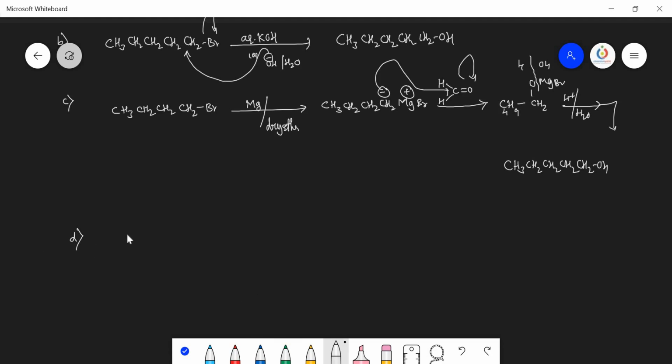Let us take CH3, CH2, CH2, Br, 1-bromopropane. Treat again with magnesium in the presence of dry ether, so that we shall get CH3, CH2, CH2, MgBr, the Grignard reagent again. Now the wonderful step here is just to take the epoxide.